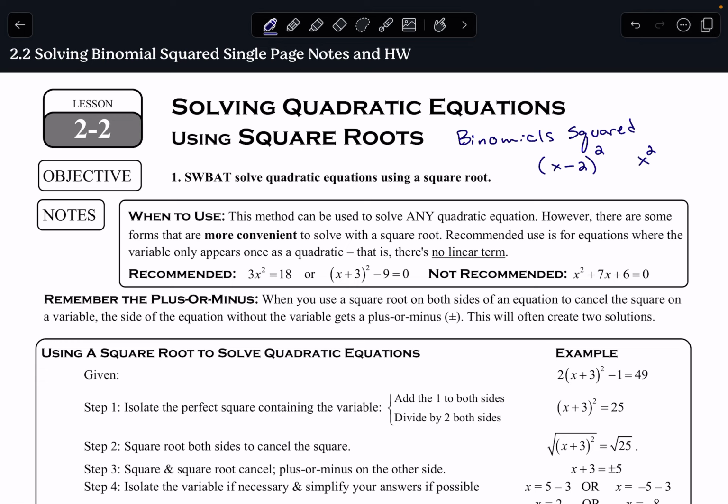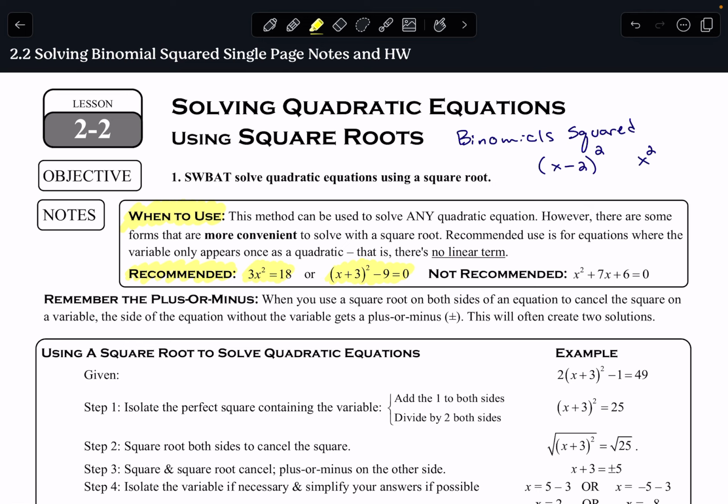So what I need you to know about this square root method that we used last time and that we're using today is that there's certain times that we want to use it and there's other times that we don't. Okay, so if you just look right here, recommended when to use this type of solution is when you have an x squared, or you have an x inside a parenthesis that's getting squared.